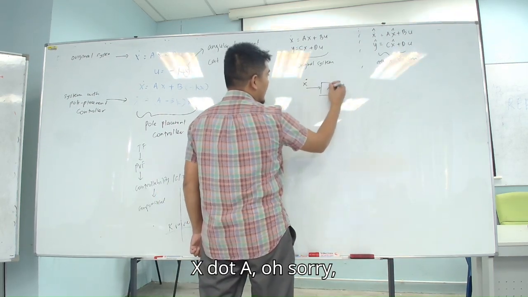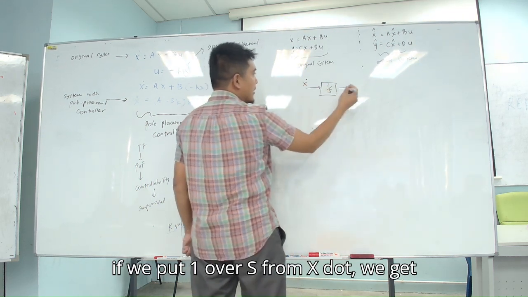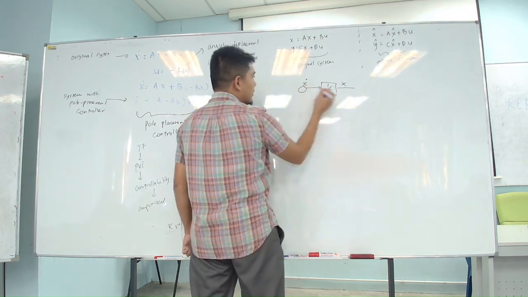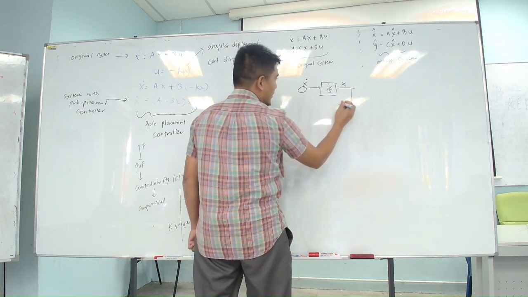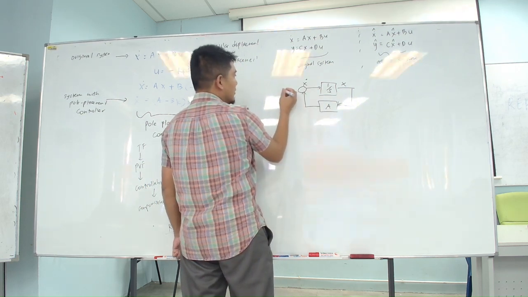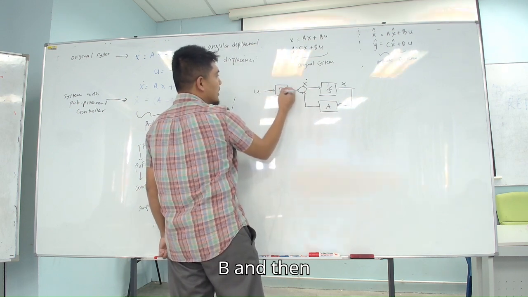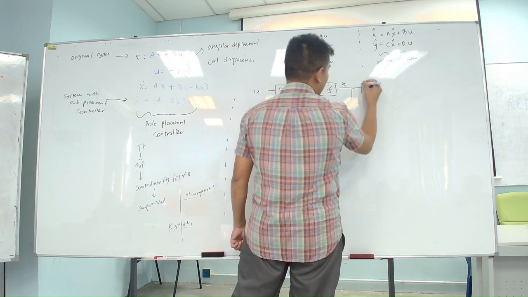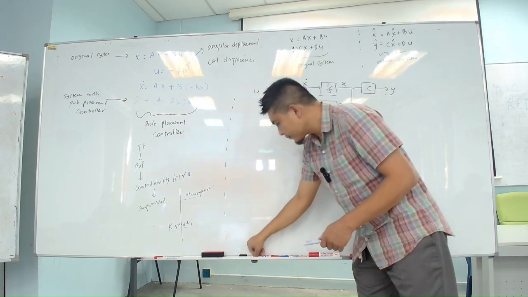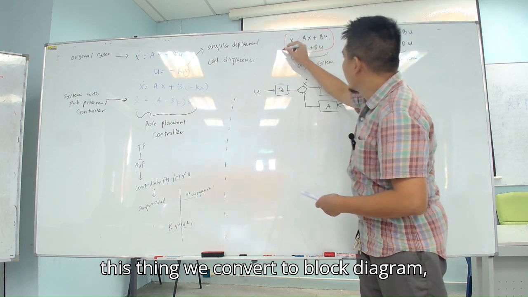X dot, A, if we put 1 over S from X dot, we get X. And then A, this is the input, B, and then C. If you understand this one, this thing we convert to block diagram.